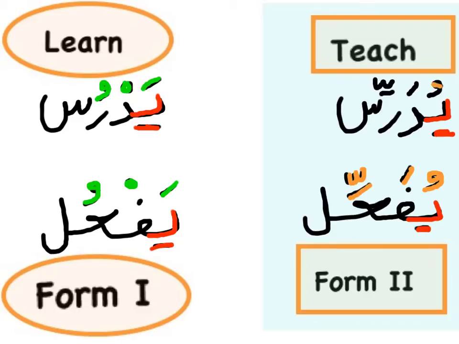يفعل، يدرس. And this is the importance of patterns in Arabic. Also pay attention that the key in form 2 is the shadda and the kasra, because it means that someone is doing something, like teaching.